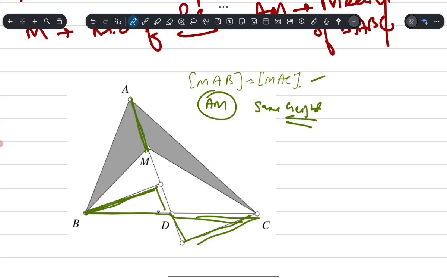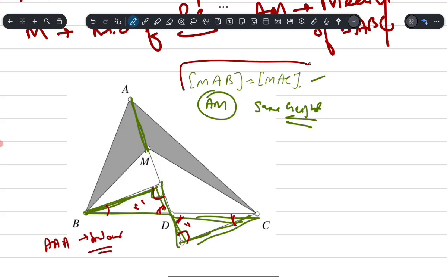Now these two heights are perpendiculars to the same line, so they must be parallel, right? So these two angles are going to be equal. Why? Alternate interior angles. These two are also going to be equal, vertically opposite angles. This is already 90. So by triple A, these two triangles are similar. Now in order to have the same area, what's the necessary condition? The heights need to be equal.